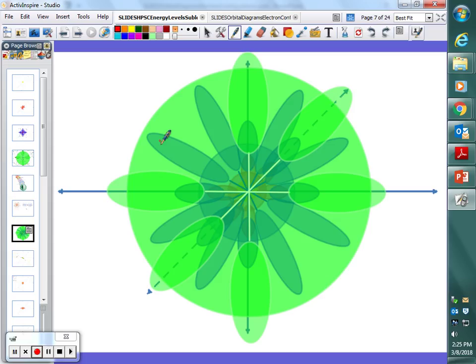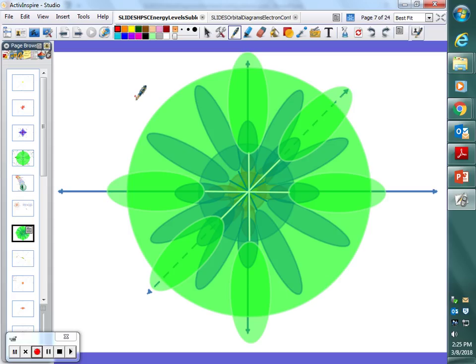Schrodinger works out his wave equation, and it gives us probability. But do all of these orbitals have an equal probability of us finding electrons in them? No. Some have higher probabilities than others. What is the one determining factor that really tells us which orbitals have the highest probability of finding electrons?